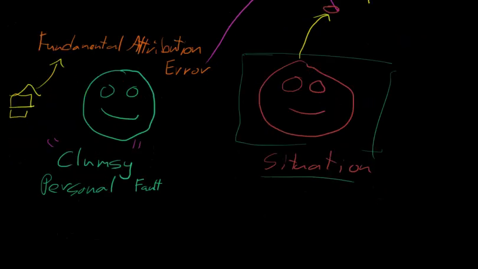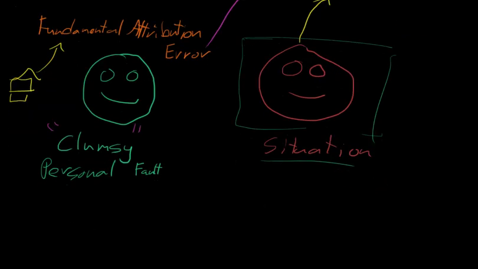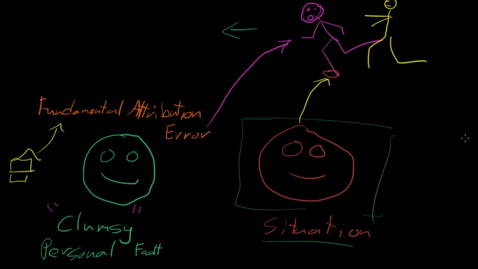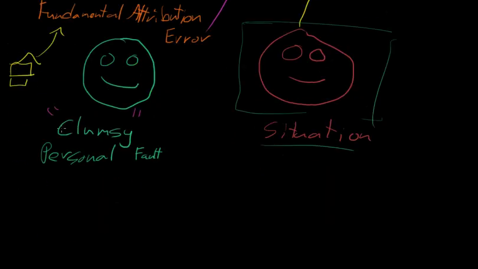So one interesting thing that always comes up when you're talking about the fundamental attribution error is that different cultures are more likely to make this. The blue guy is kind of representative of Western cultures, America and the first world.